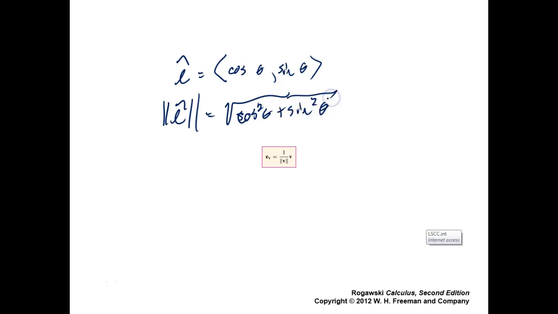And guess what, team? For any angle theta, what's sine squared plus cosine squared? Say again? 1. And the square root of 1 is 1. So sure enough, this has to be a unit vector. Always.